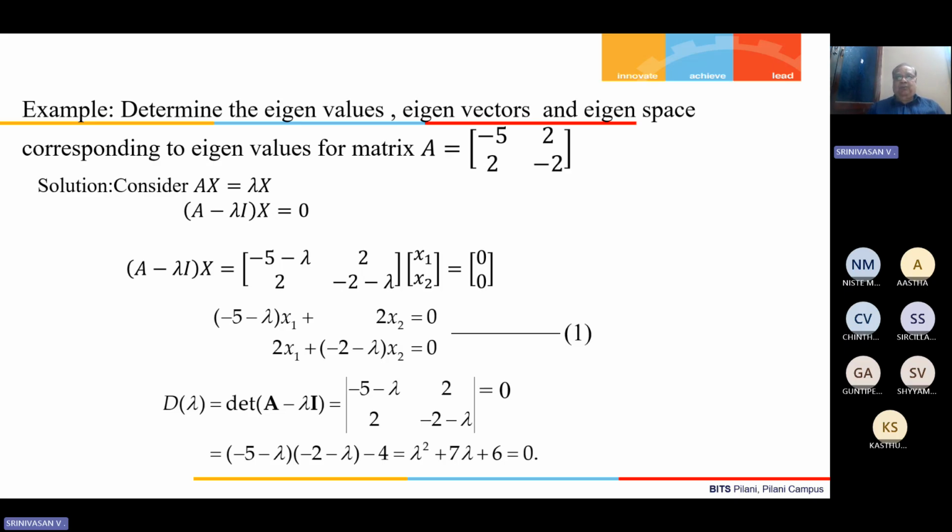In my opinion, I would suggest that you first go for finding the eigenvalues. So first write the characteristic equation of the matrix A: determinant of A minus lambda I equal to 0. Instead of writing det, you can straight away put the determinant symbol.